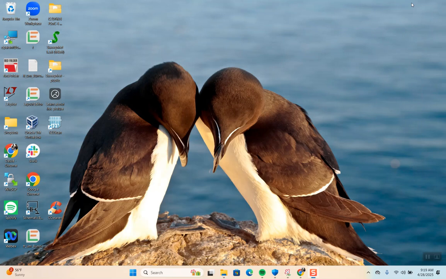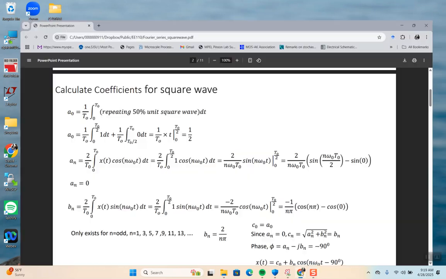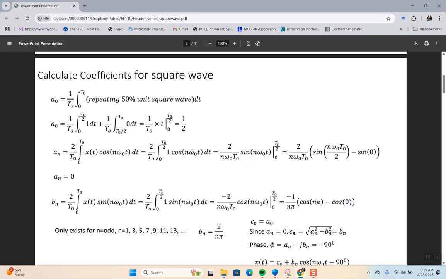So let's go back here. So here's A naught, and we're just taking the average, right? And so it's 0.5. You can see that I set it up from 0 to half the period, it's 1, and then from half the period to the full period it's 0, and you get a half.